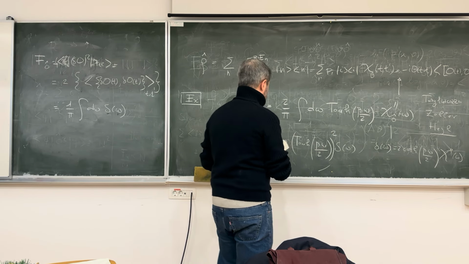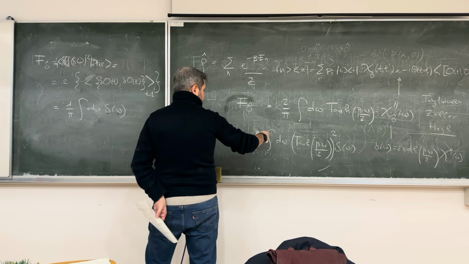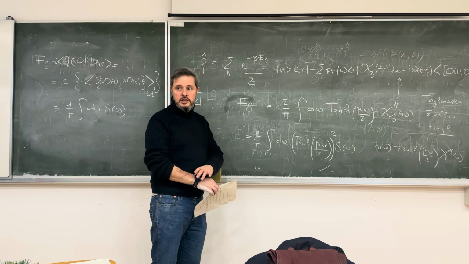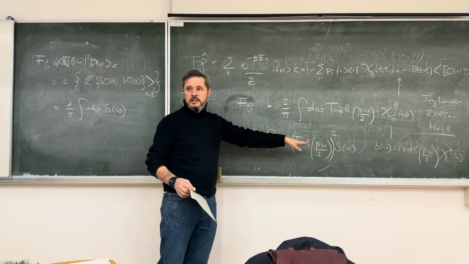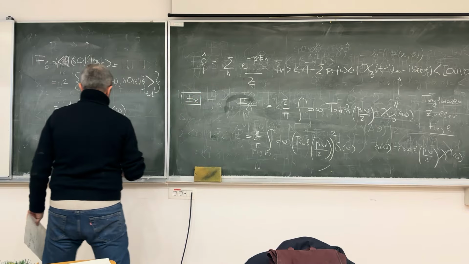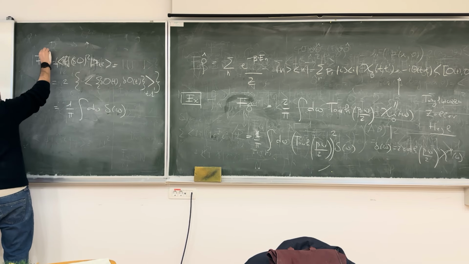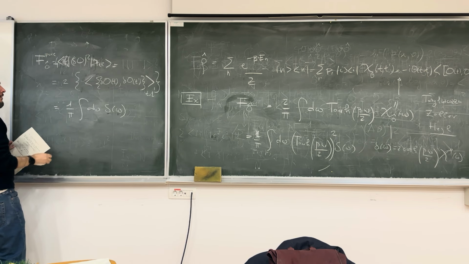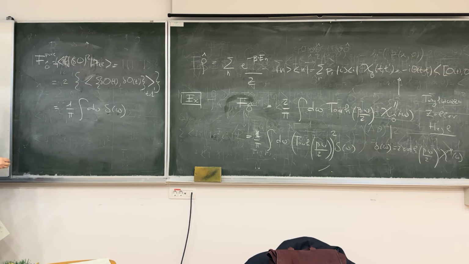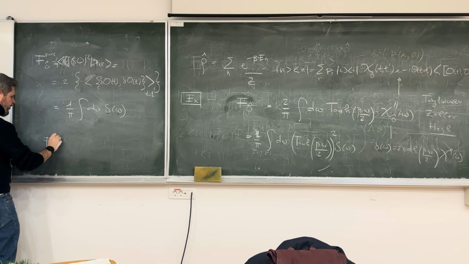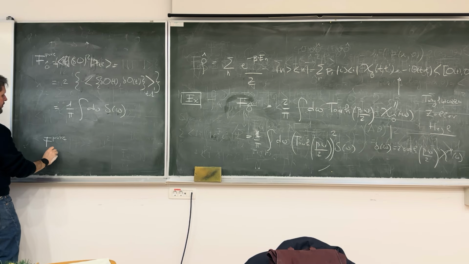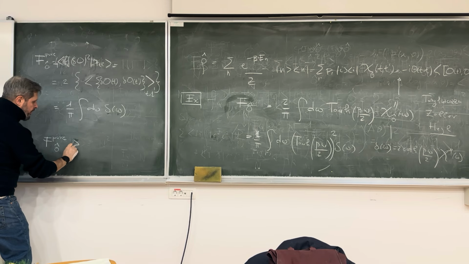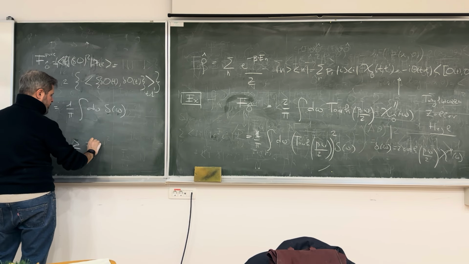Since tanh squared is positive and always smaller than 1, I see that, let's call this pure and that impure, F pure of O is always greater or equal than F mixed.